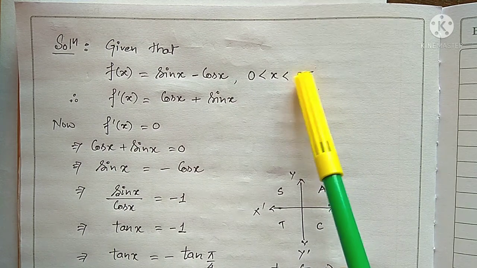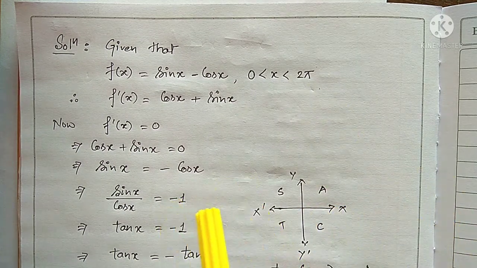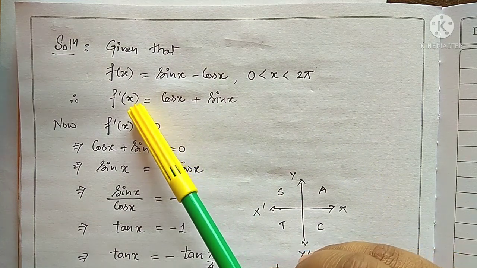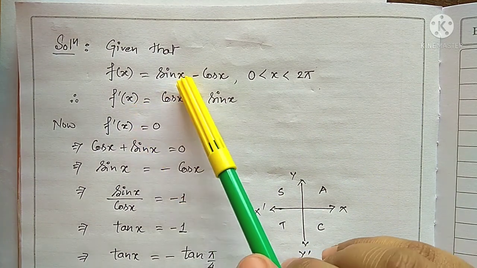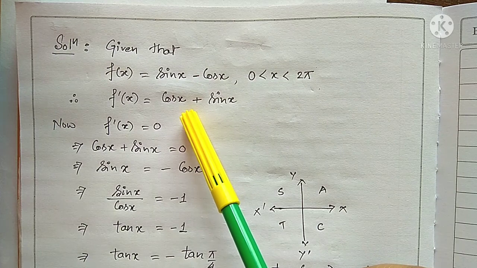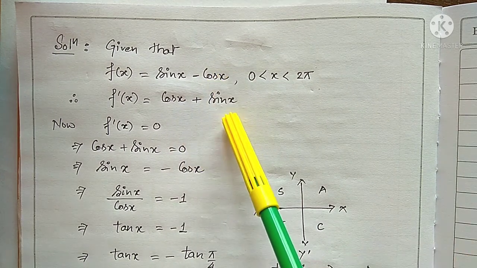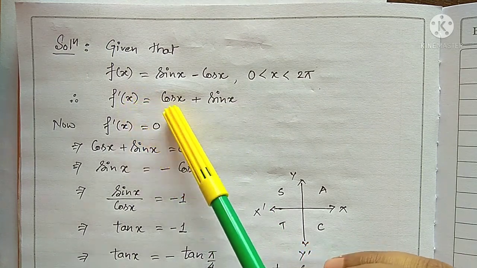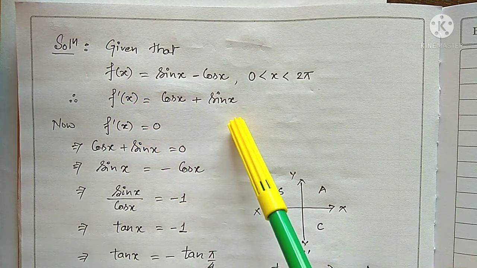The first step, all of you know, is to differentiate. So f'(x): d/dx of sin x is cos x, and d/dx of cos x is minus sin x, so minus becomes plus sin x. So f'(x) = cos x plus sin x.